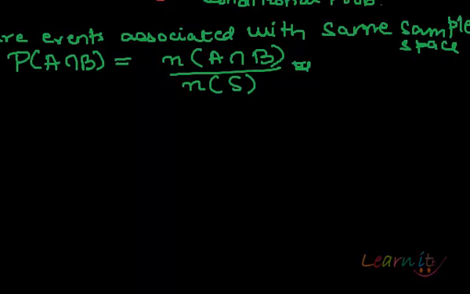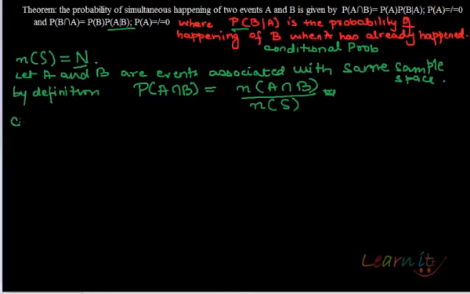Now, for the conditional probability, P(A|B) means the happening of A under the condition that B has happened already.